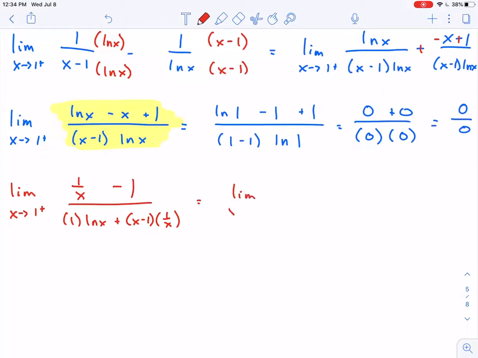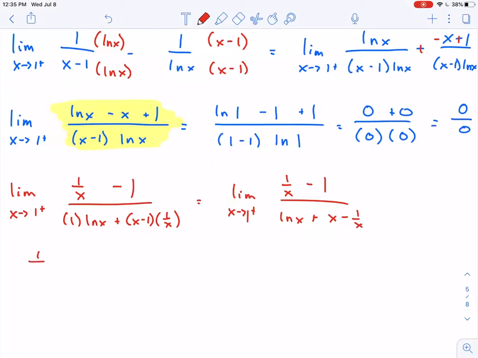Limit as x approaches 1 from the right-hand side. We'll leave this as 1 over x for right now, natural log of x plus, here I'll have x minus 1 over x. And we're approaching what value? Oops, 1 from the right-hand side. So let's try plugging in 1. Let's see if we get a different answer this time.